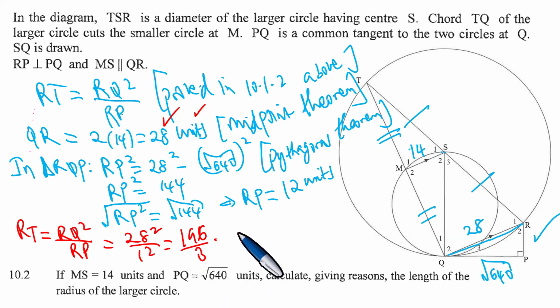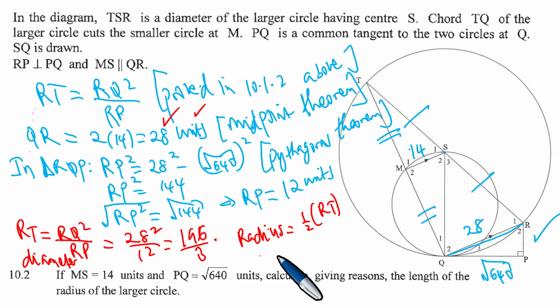So the radius, if this one is the diameter, is half of RT.